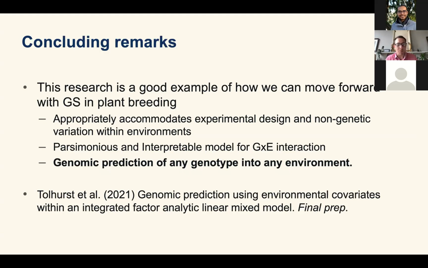We've also got that interpretable model for G/E. I haven't spoken about forward predictions too much, but you can now use factor analytic models to get a prediction of any genotype into any environment, whether it's observed or not. And like I said, the paper is coming out very soon. If you would like any information on the references, please contact me. Other than that, I'm happy to field some questions or discussion.